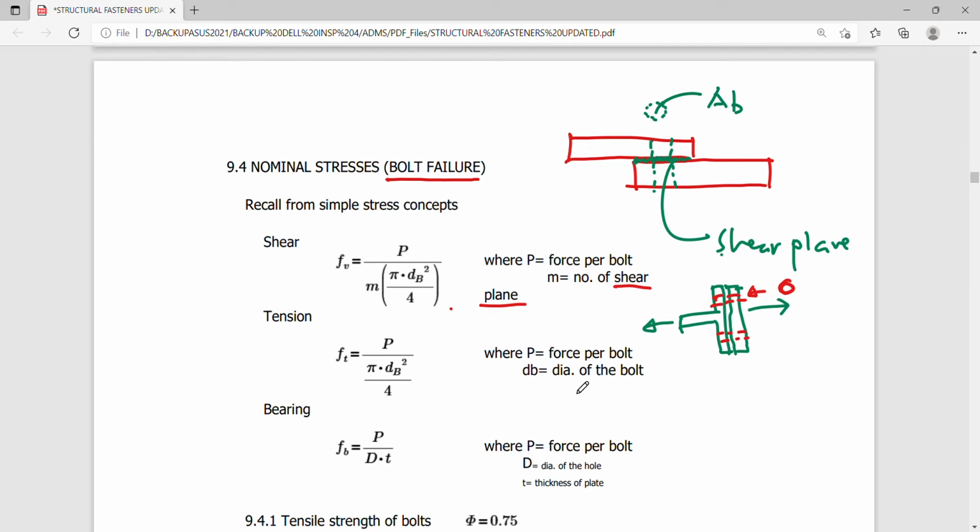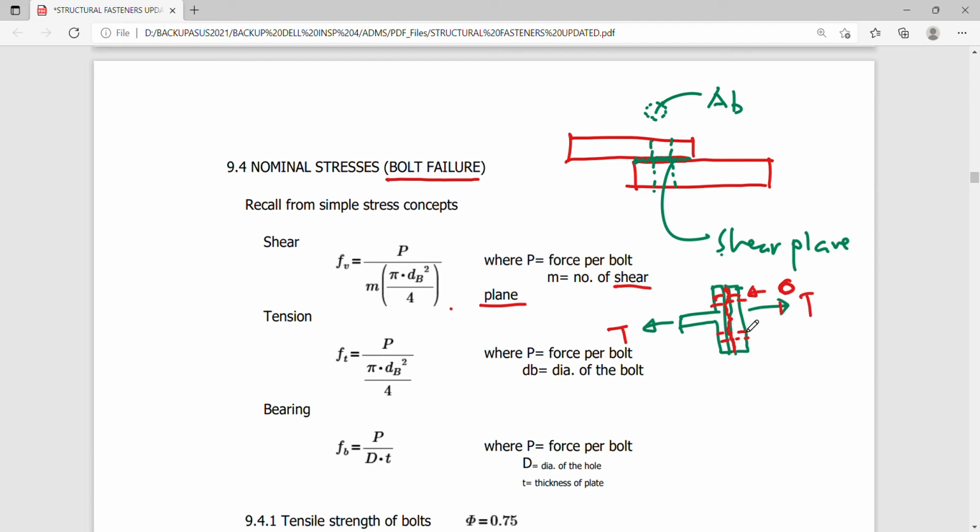in this case we are considering only the tension per bolt. Okay, so there's no need to multiply it with that of the number of shear plane. Okay, so even though this is only a single shear plane here, this is the shear plane that I'm talking about, since the force of tension is actually not along the shear plane, so we consider only T here to be applied per bolt.